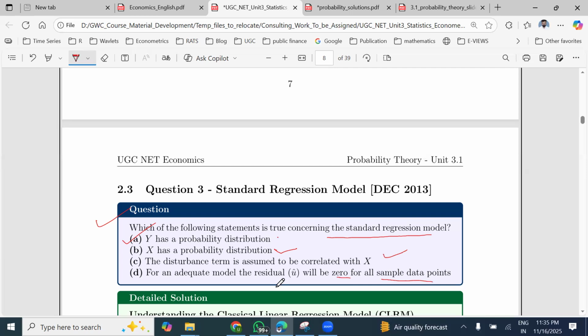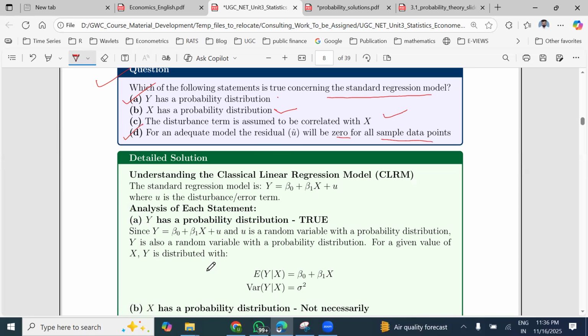Is it true? The sum of the error term will be equal to 0, right? Yes, sir. Then this is also true. Then which is the answer? All the four are true, right?